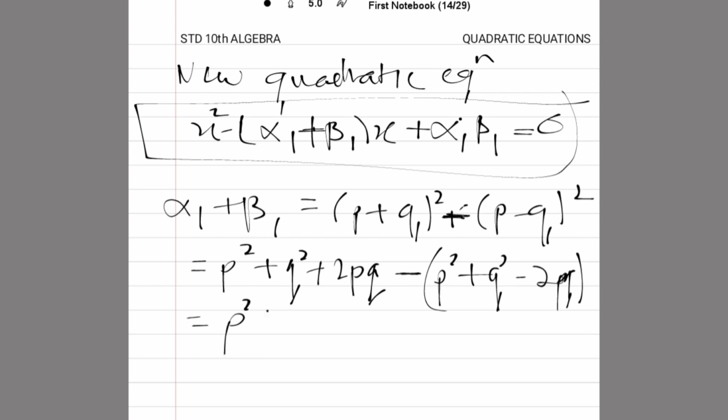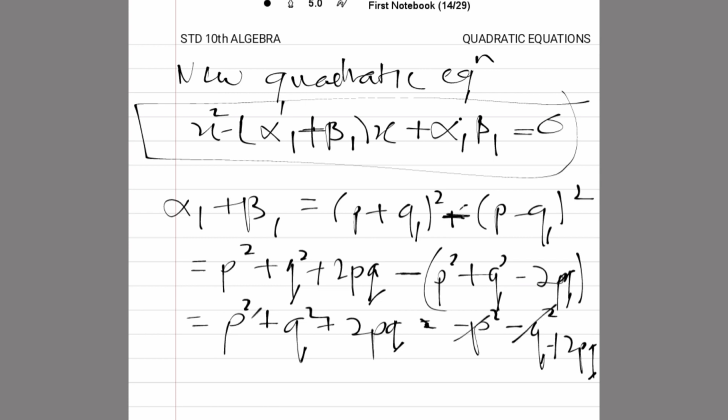What we get is p square plus q square plus 2pq will remain the same. If I take this outside, minus p square, this is nothing here, and this is q square plus 2pq, right? So what will get cancelled?